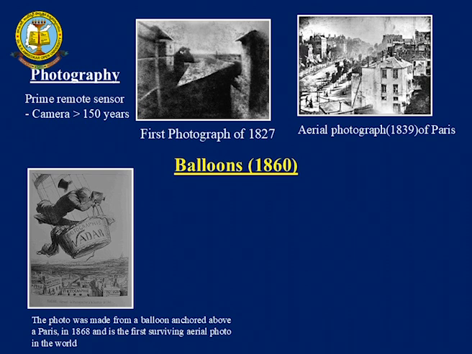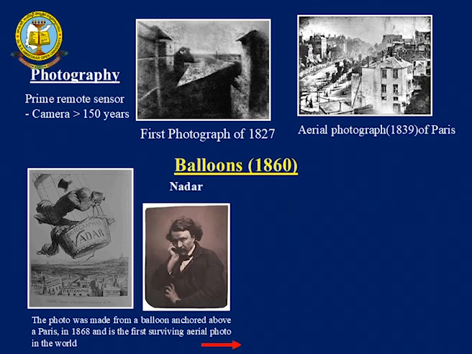The balloon was anchored with a platform that carries human beings, and they have the camera, and when the balloon ascends, they used to take pictures of the particular area. This idea of taking pictures using cameras and balloons was started first by Nadar.